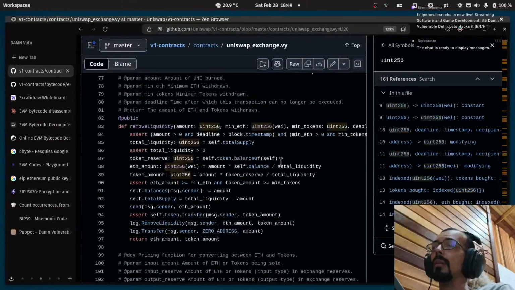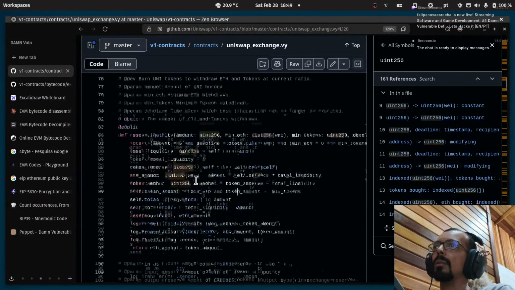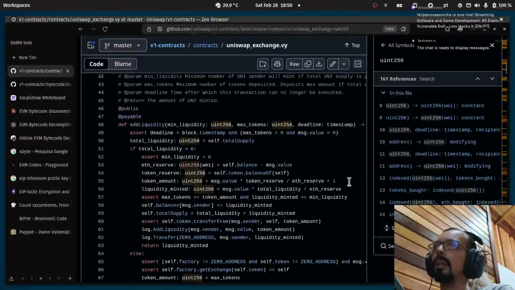But okay. Oh, here they don't have +1. What am I thinking about? Oh, that's for remove. Yeah, the add, they have +1. That should be the token amount added. So here they say to go this way.